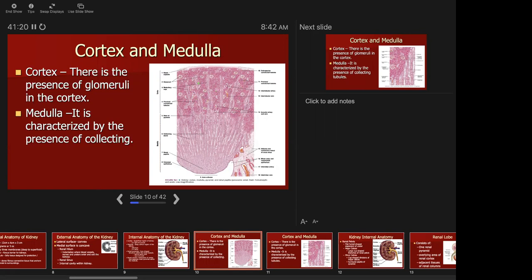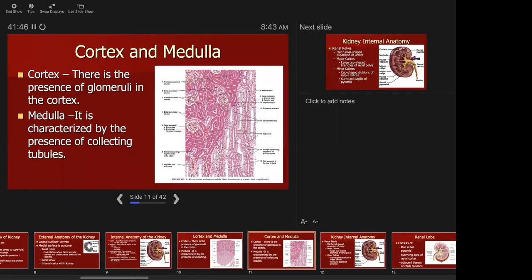Some of the tubules are proximal convoluted tubules, some are distal convoluted tubules. Then the pyramid is made of a lot of collecting ducts, the collecting tubule and duct system, with fewer nephrons, because that's the main function here.